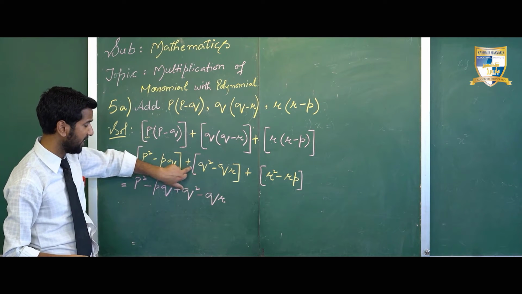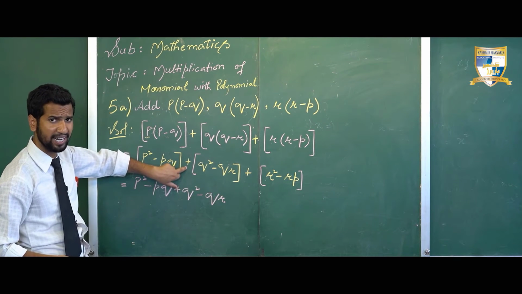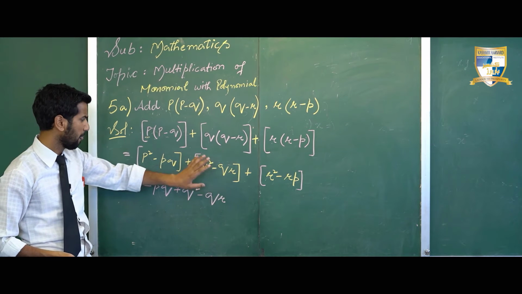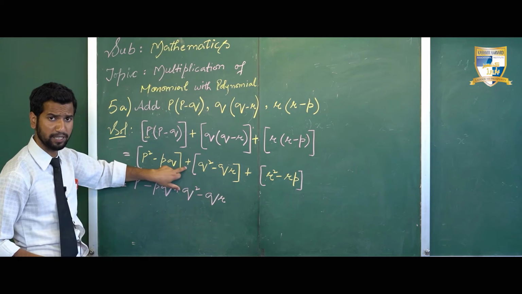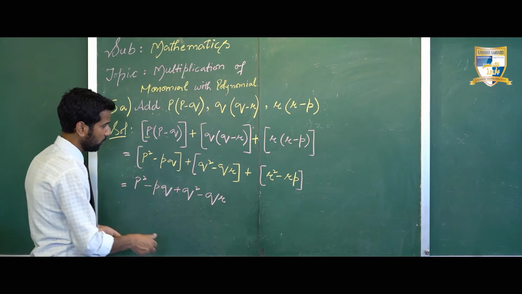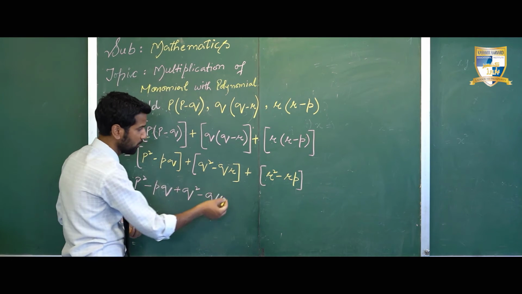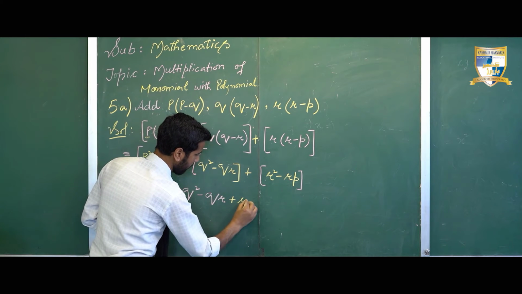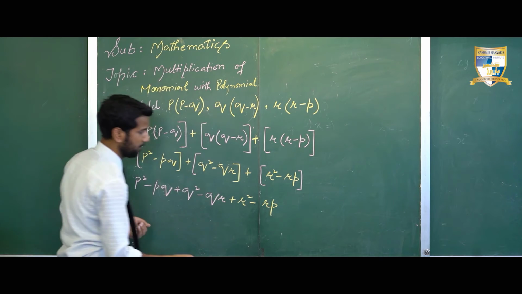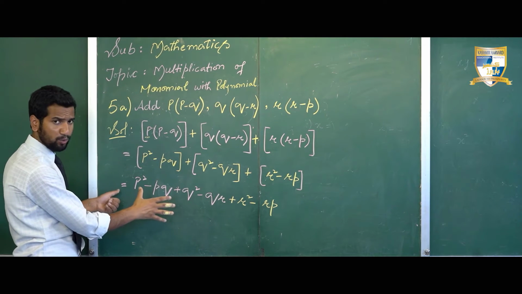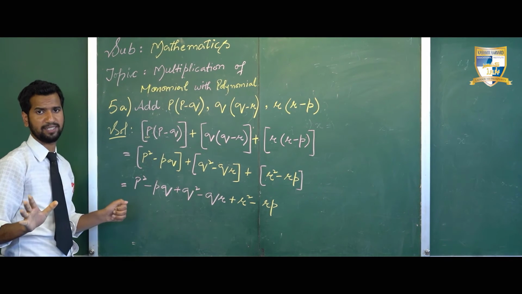When there is an immediate plus before the brackets, at that time you can remove the brackets. So keeping or not keeping the brackets is the same thing when there is an immediate plus before the brackets. So here once again we have a plus, so it will be R square minus RP.